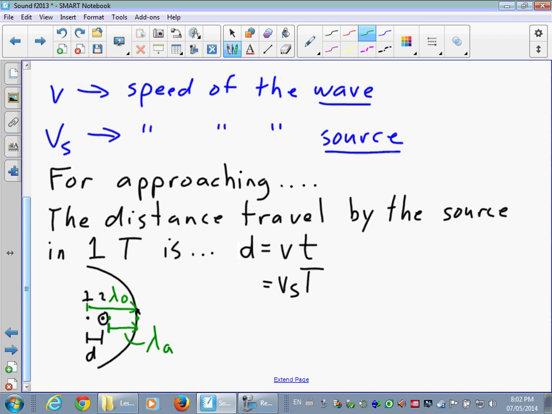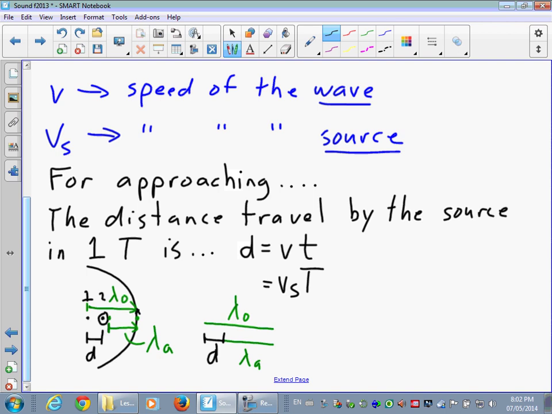Now, if we look at all of this together, we have lambda naught, we have lambda A, and from here to there is D. Just to be clear here, the wavefront that I've drawn at position 2, I've drawn it around that dot.